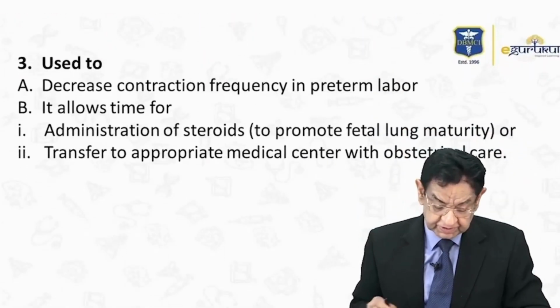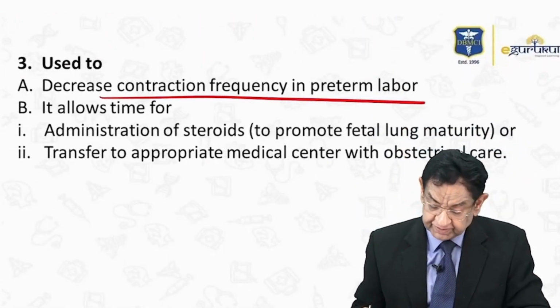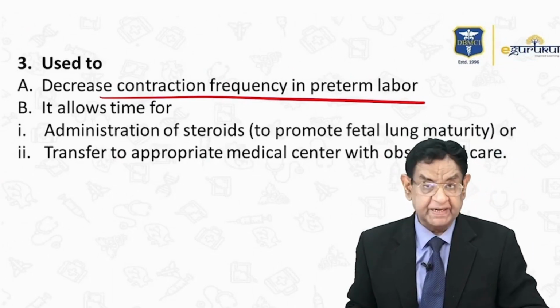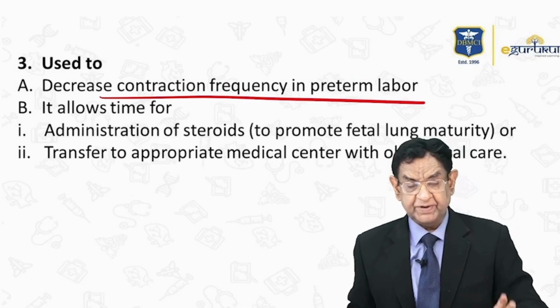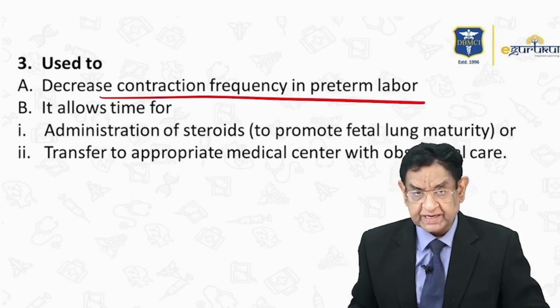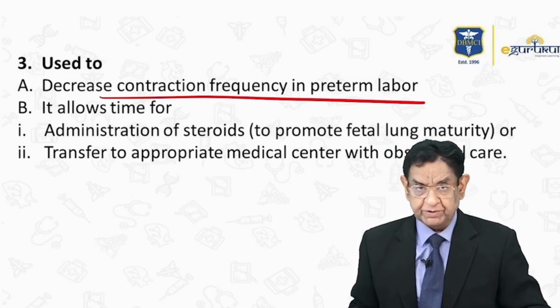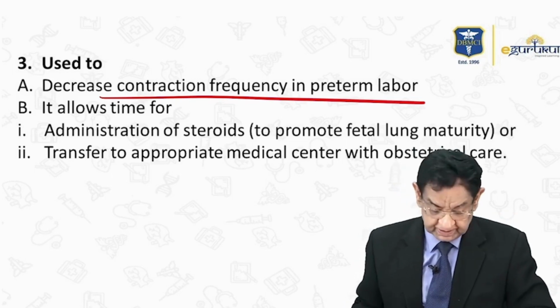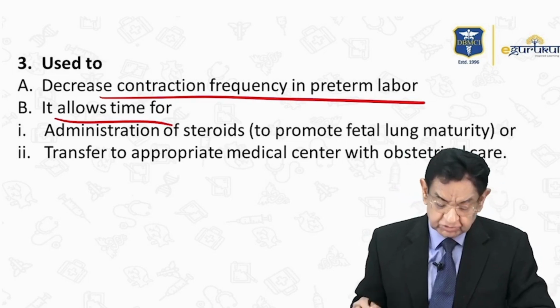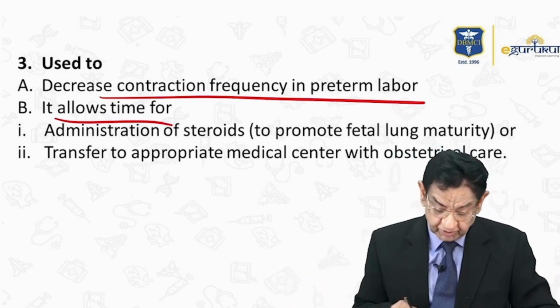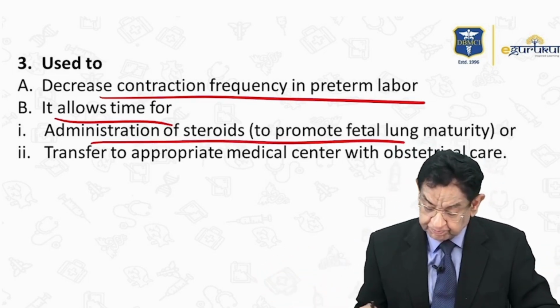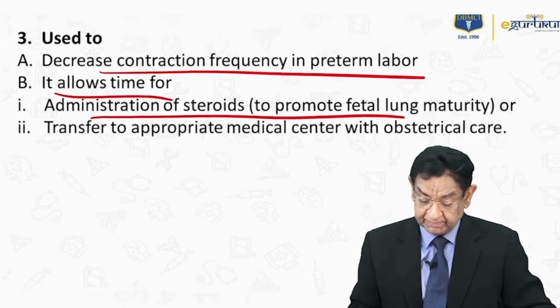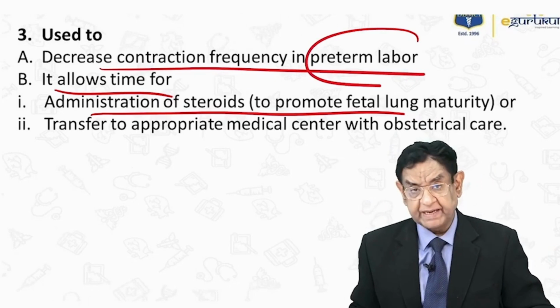Where do we use them? To decrease contraction frequency in preterm labor. In preterm labor, we really want the uterine contraction to be reduced, so we use this drug. It allows time for administration of steroid to promote fetal lung maturation. Remember, I'm talking about preterm labor.